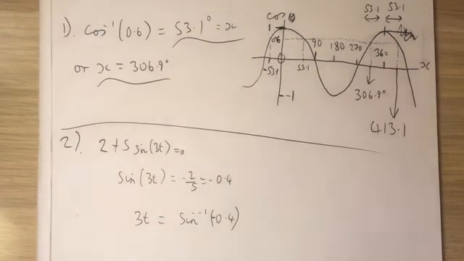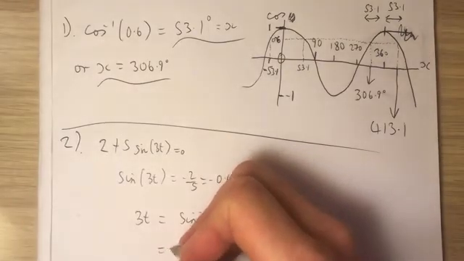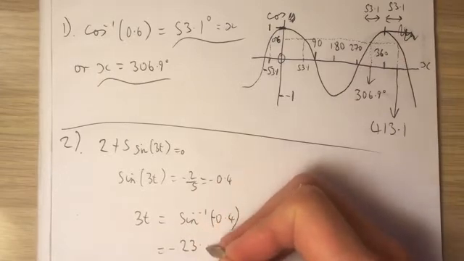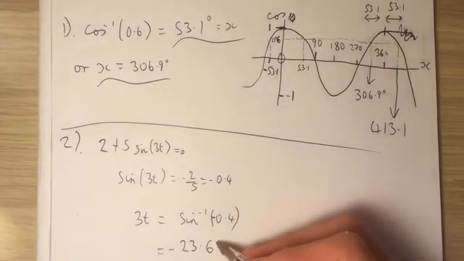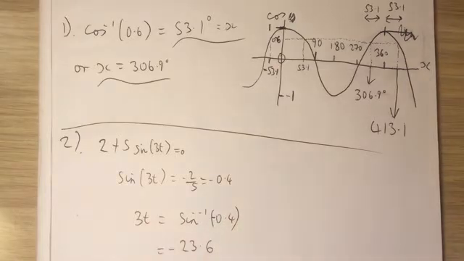Let's do inverse sine of negative 0.4, see what my calculator can help me with there. Excellent, I get negative 23.57, so 23.6 degrees for the purposes of this. Okay, that's good, but that's what 3t equals.